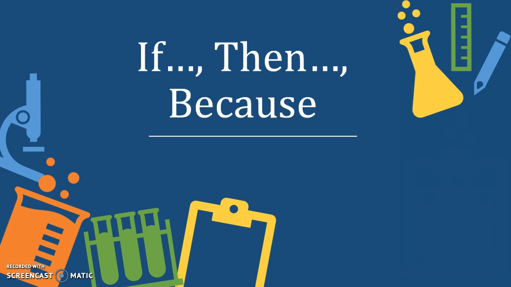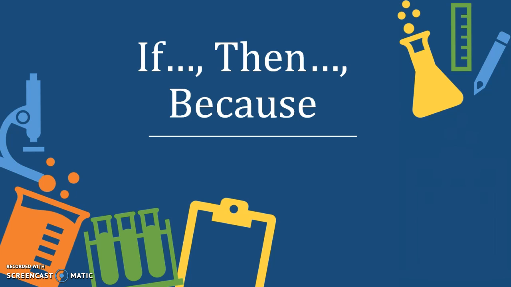So here's your examples. So if noise level increases, then mouse heart rate should increase because, and you could go into neophobia and a whole lot of other things that are big fancy words for it scared them.